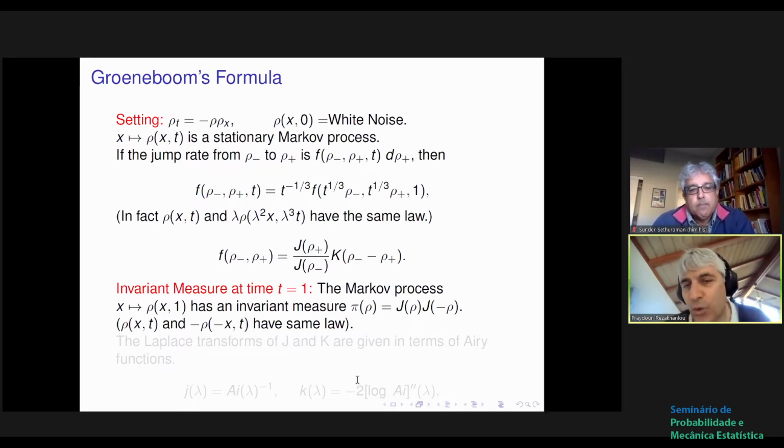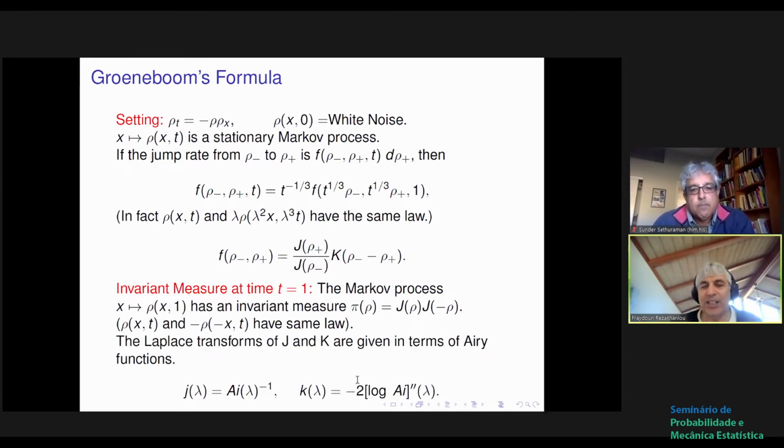Now the question is who J and K are. It turns out that when you take the Laplace transform of J and K, you can express them in terms of Airy functions. I'm using lowercase variables to represent the Laplace transform of the uppercase variable.